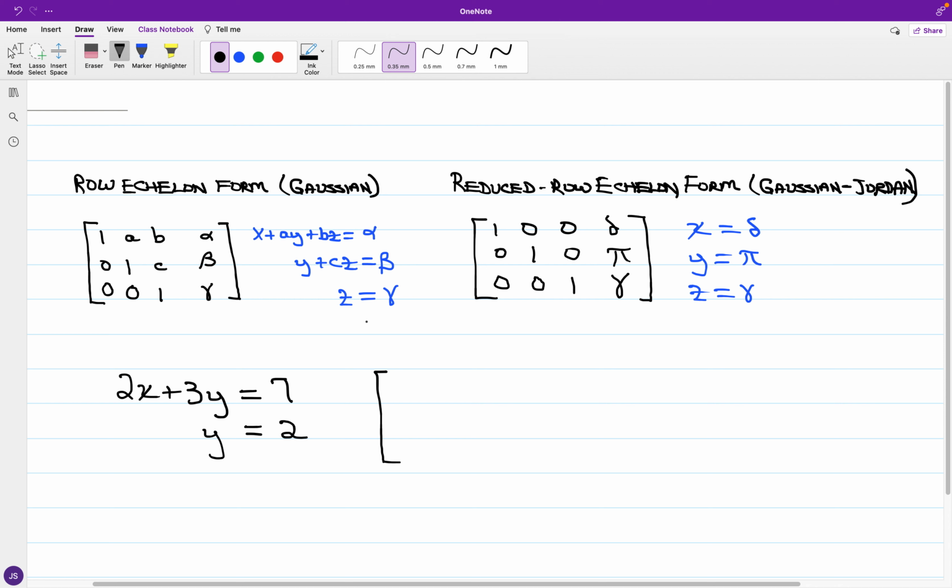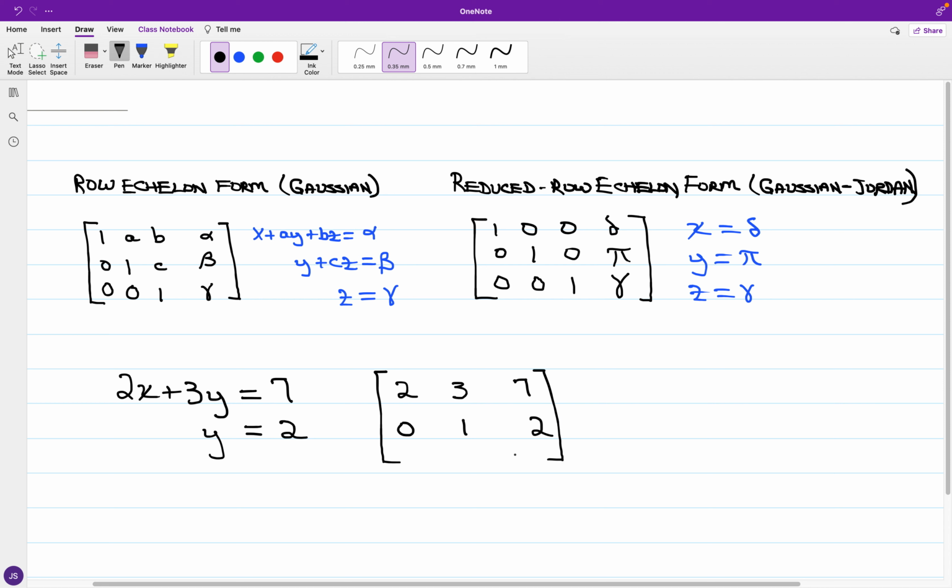But now, putting it in terms of a matrix, you have 2 for 2x, 3 for 3y, and again equal to 7. And if you notice, y is equal to 2, so there is no x present. So you have 1y is equal to 2.